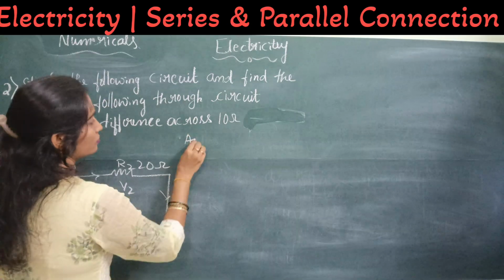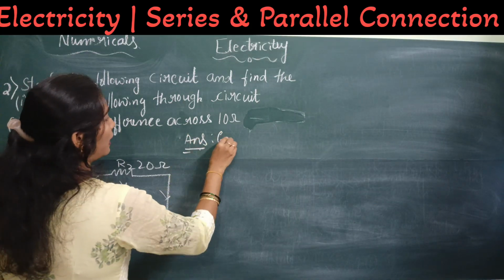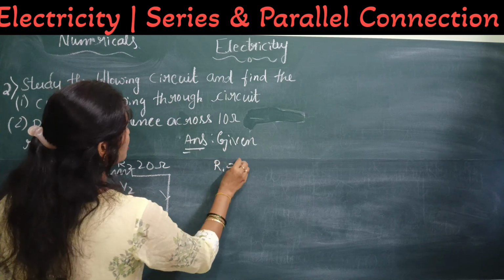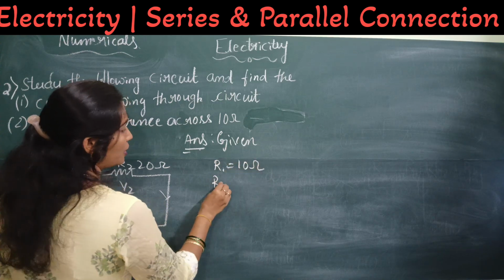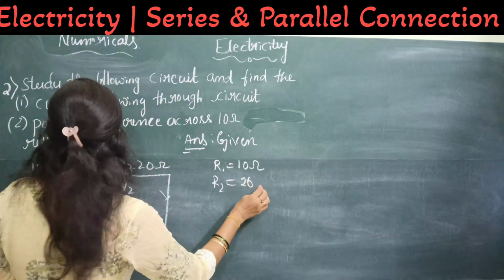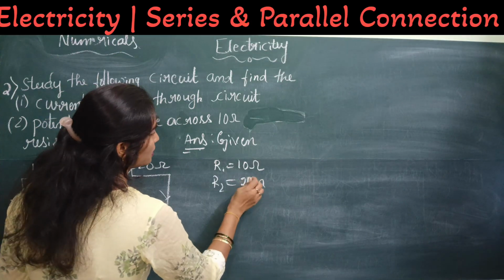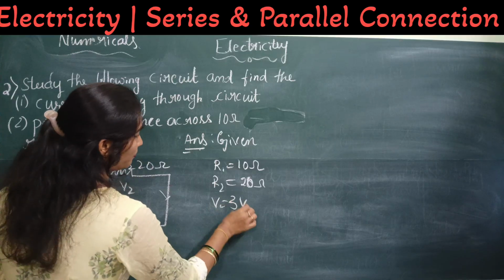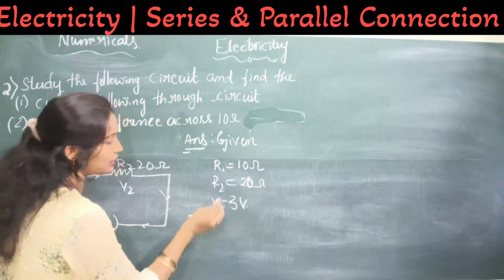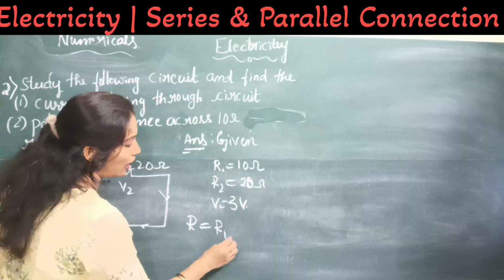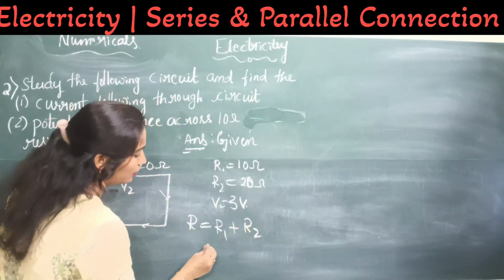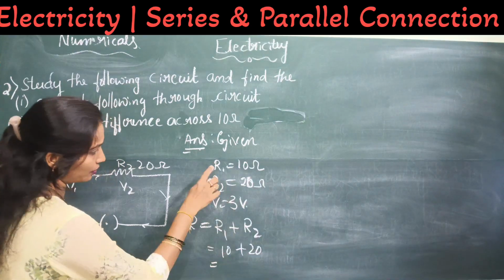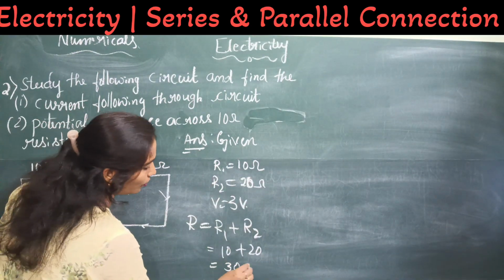Let's move on to our formula. Okay. What they had given, guys? Given R1 is how much? 10 ohm. And R2 is how much? 20 ohm. Okay. And what is V, guys? 3 volt. Now, total resistance in series is R1 plus R2. How much is it? 10 plus 20. That is equal to 30 ohm.